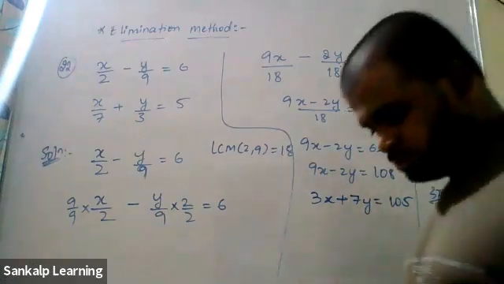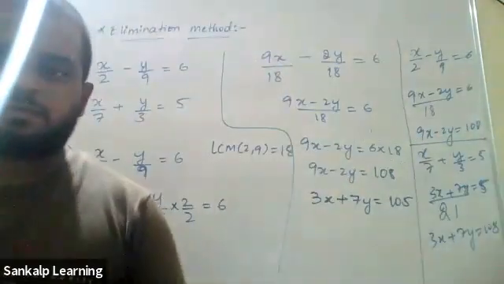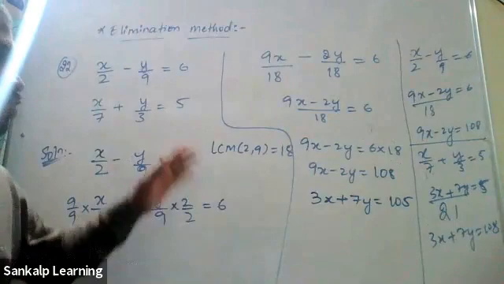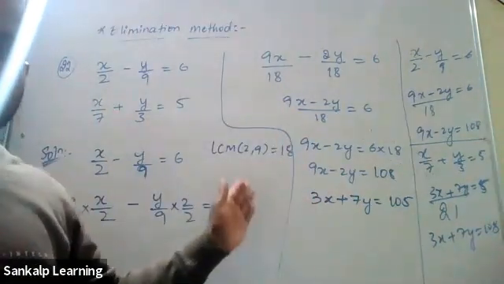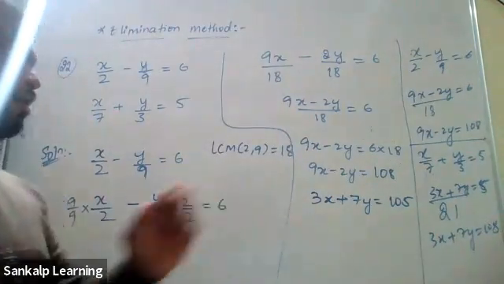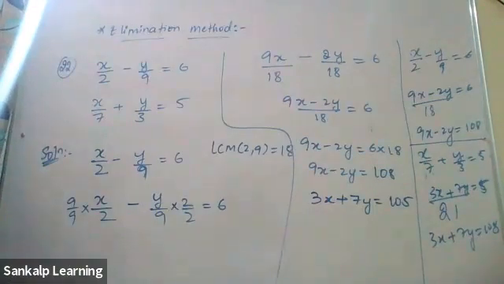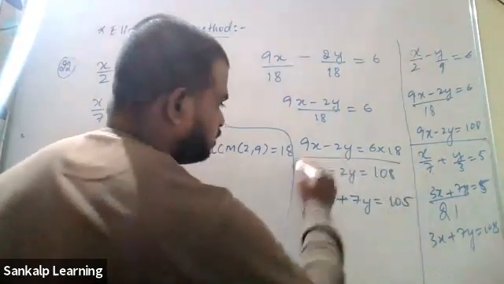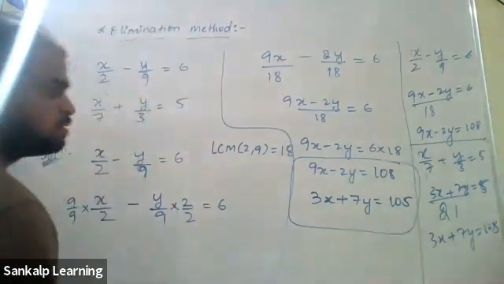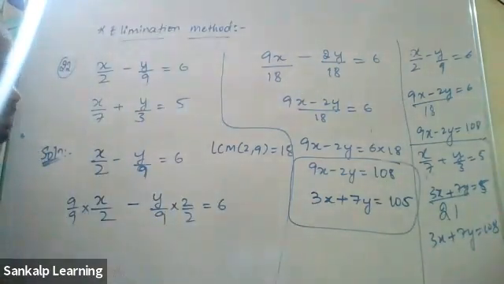You can also do this. But I suggest to go with the LCM method so that you won't make any mistake. That is just a shortcut one. Now these are your rectified ones. From here you have to solve it by elimination method. I guess you can do it from here, right?